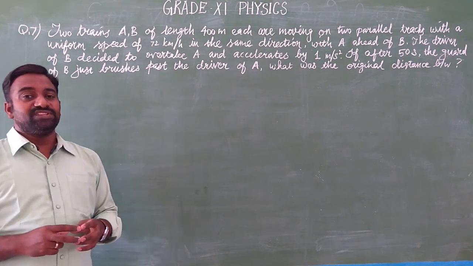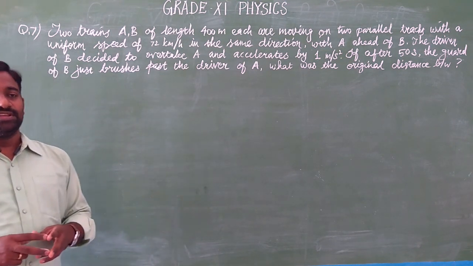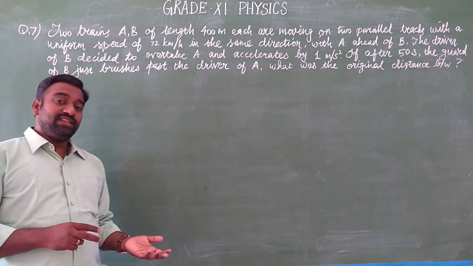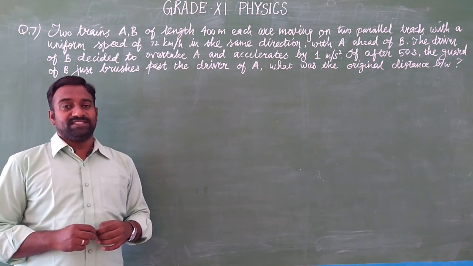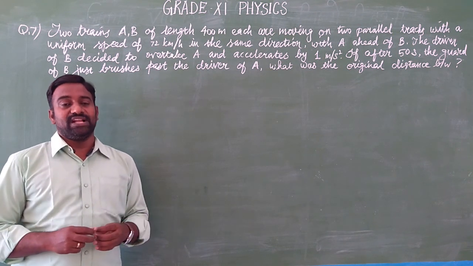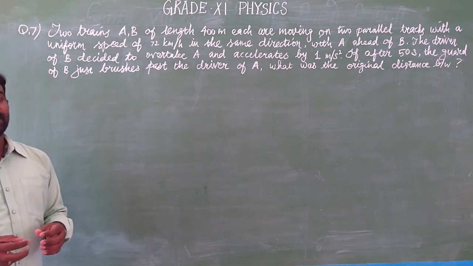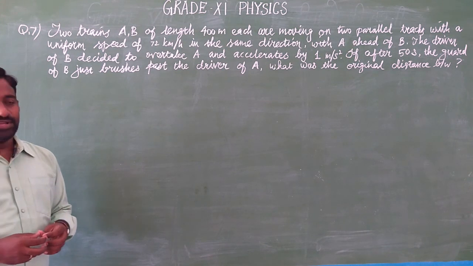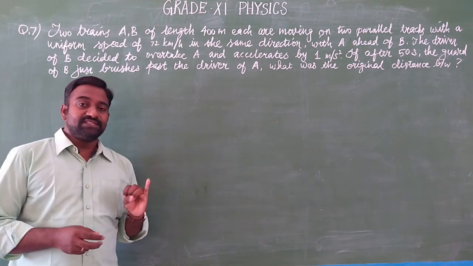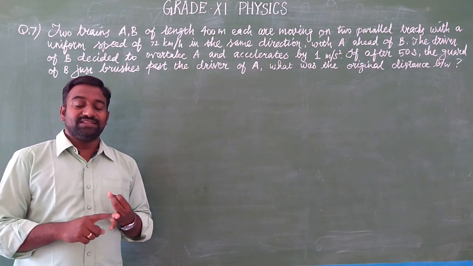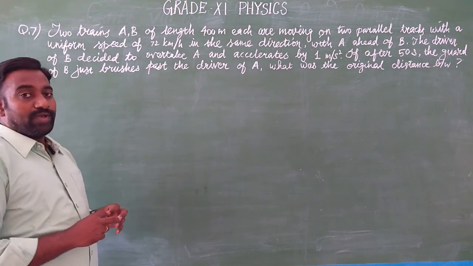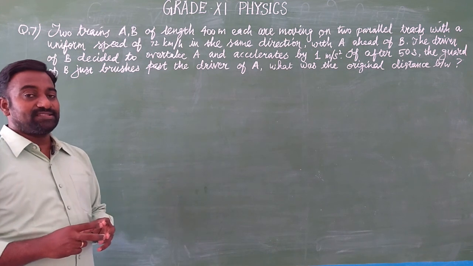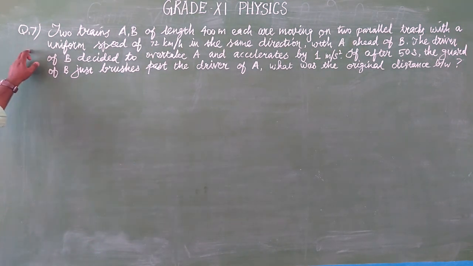From the kinematic equations, we have worked out the three equations. Then we have worked out the same kinematic equations from calculus methods, both integral and differential calculus. After that, Galileo's law of odd numbers, then stopping distance, reaction time, and relative velocity. Now we are going to solve the book back exercise, question number 7.